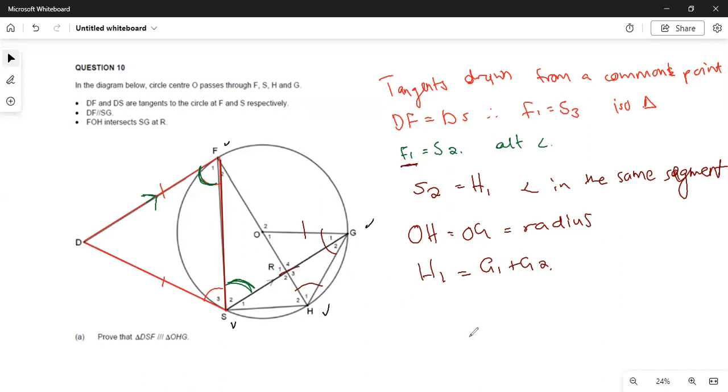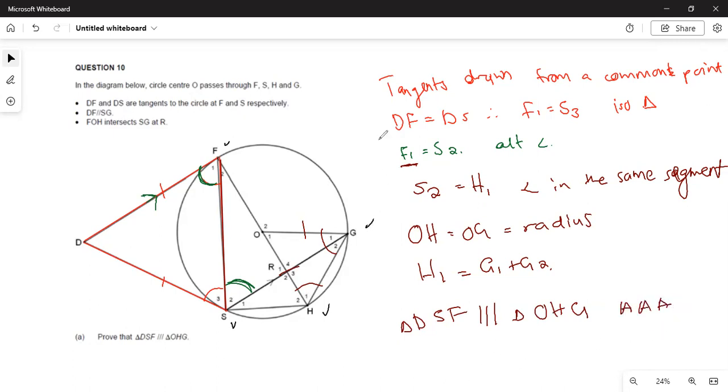So we will say that triangle DSF is similar to triangle OHG, and that is because all of their angles would be the same. Angle is equal to angle and angle.